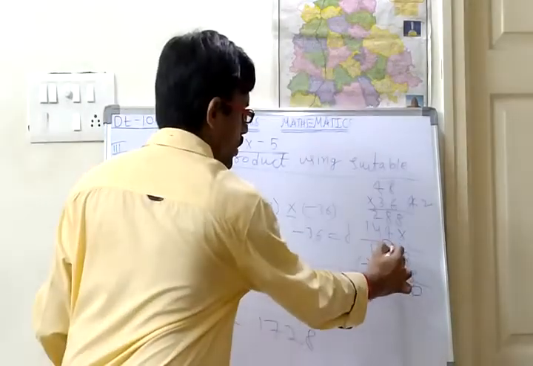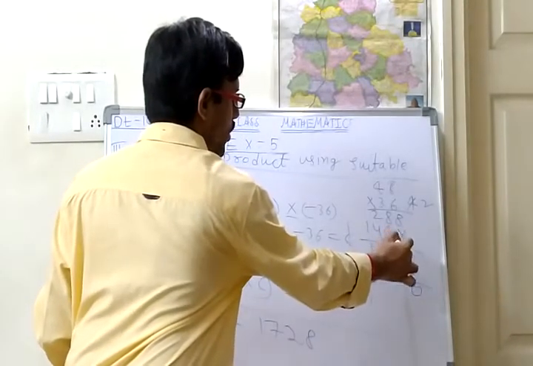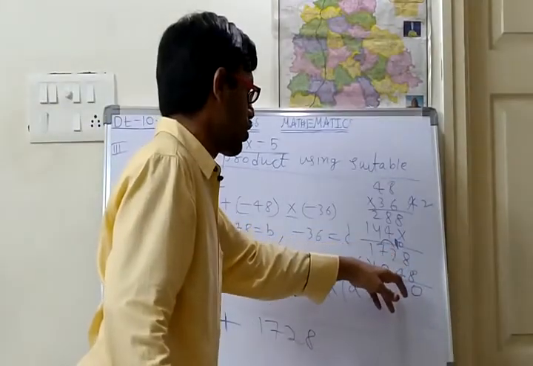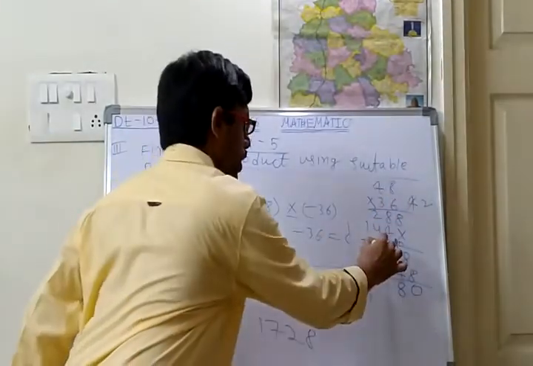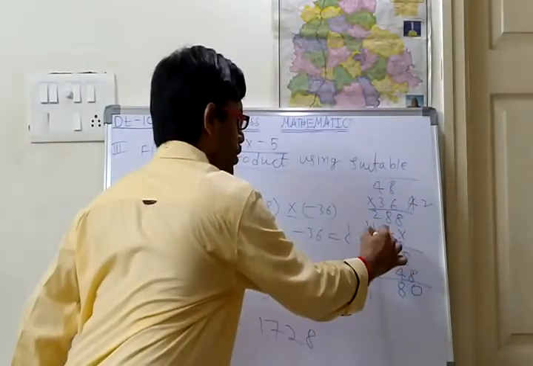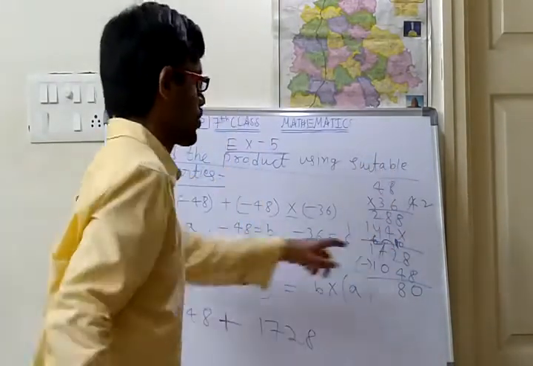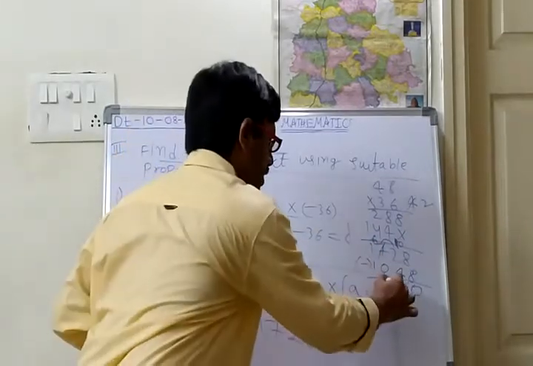So taking a borrow of 10 from the next place, 10 plus 2 is 12. 12 minus 4 is 8. So we have taken a borrow of 10, reducing one ten, so 7 instead of... 6 will come. So 6 minus 0 is 6.